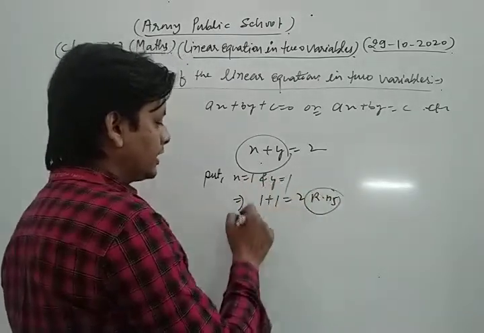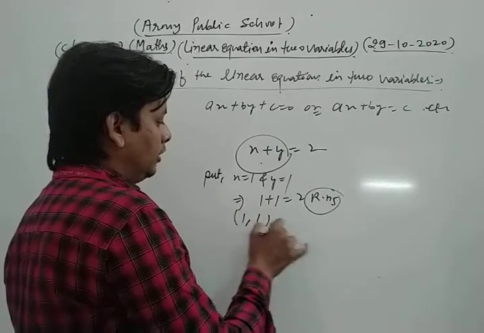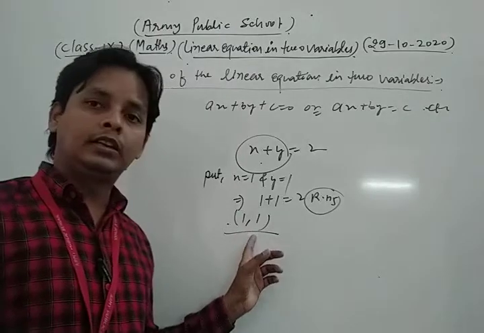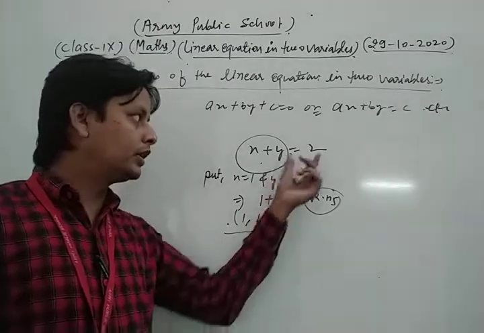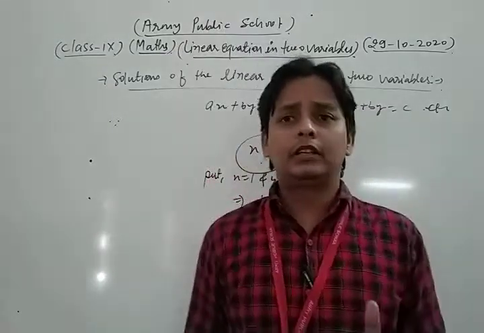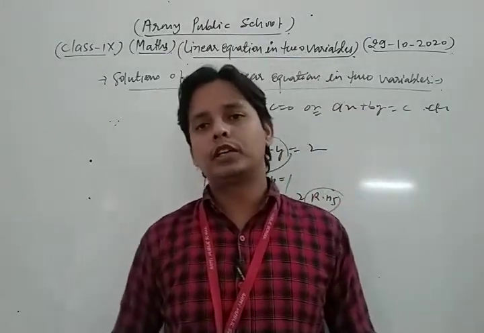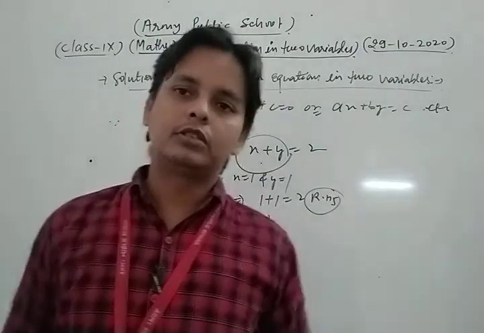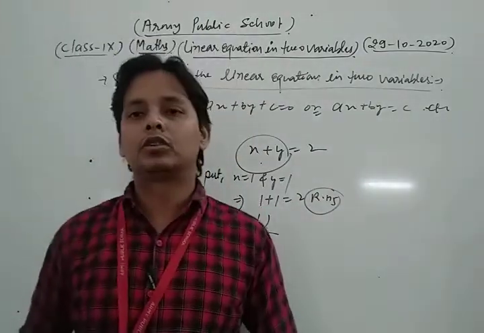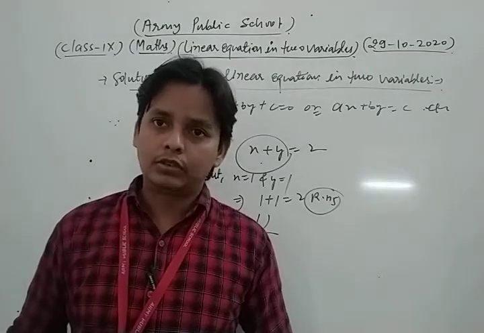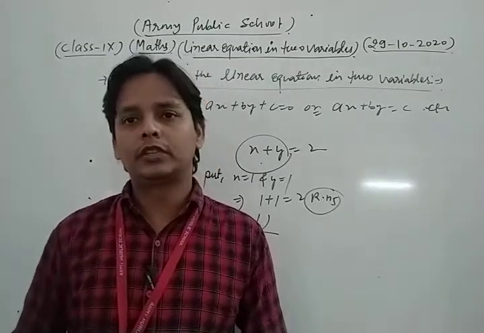Thus, we can say that the pair of values of x and y, which is 1, 1, is the solution of the given equation. So the pair of values of x and y which satisfy the given linear equation is known as what? Solution of the linear equation. Okay, dear friends, so this is the concept of the solution of the linear equation.